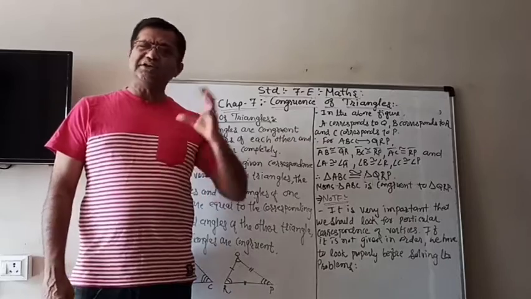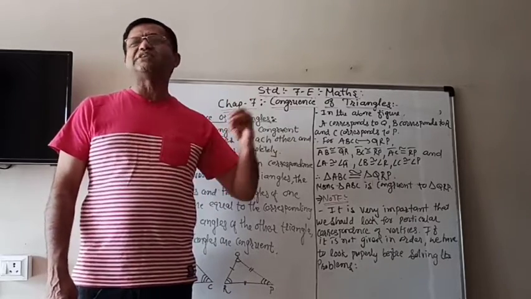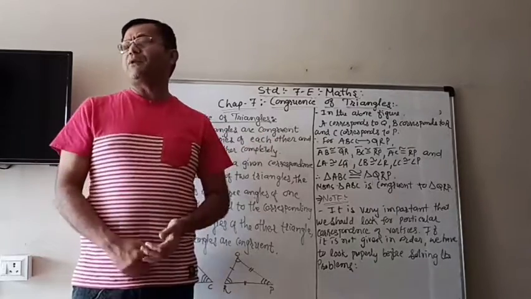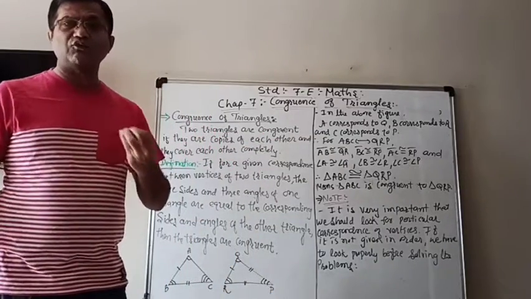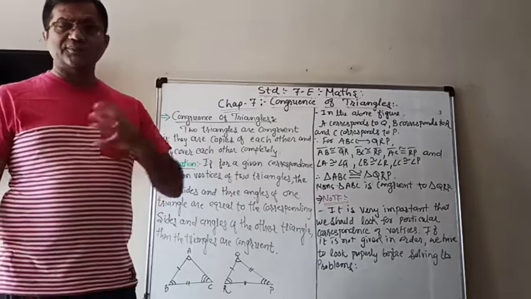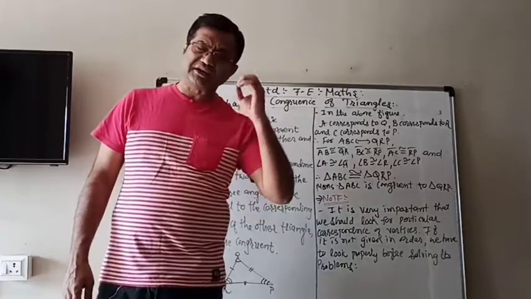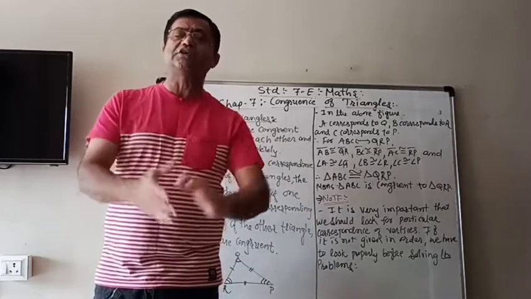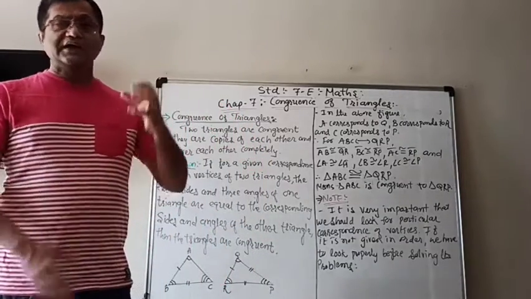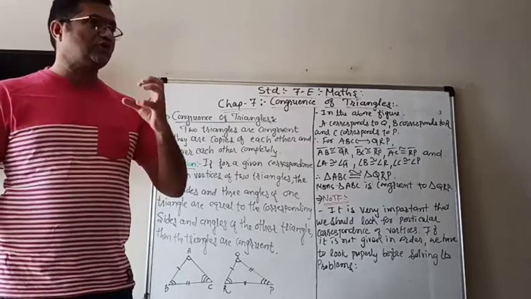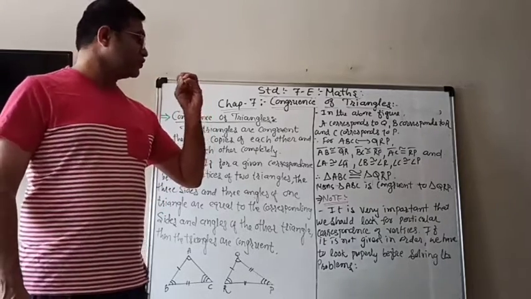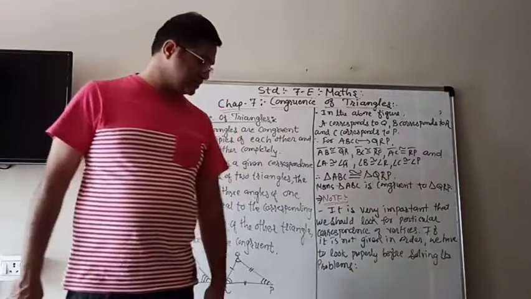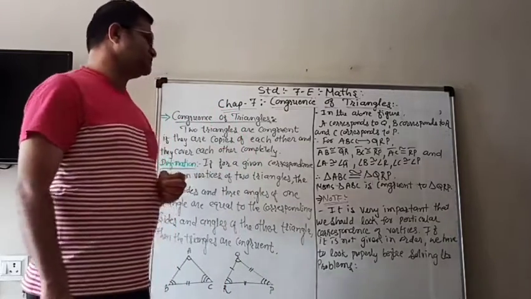Now, it is not easy to do that every time, to trace them, cut them out and superpose. So now we have to find a way of comparison such that we can decide whether they are congruent or not congruent. In this situation, we have to understand the correspondence between the vertices. We know that there are two triangles.